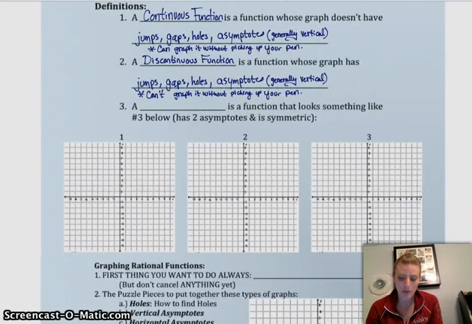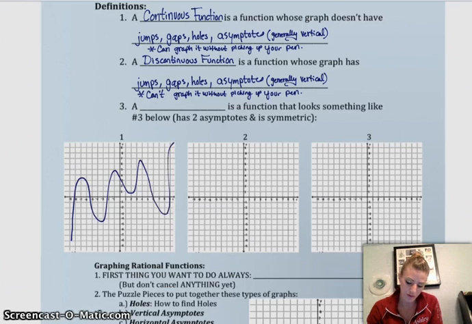So number 1, a continuous function. I'm going to put my pen down and then sketch a graph. Woo! Without picking my pen up. Okay, I'll pick up my pen to draw the arrow on the other side, but I could have done that without picking up my pen. Anyways, okay, that is a continuous function.